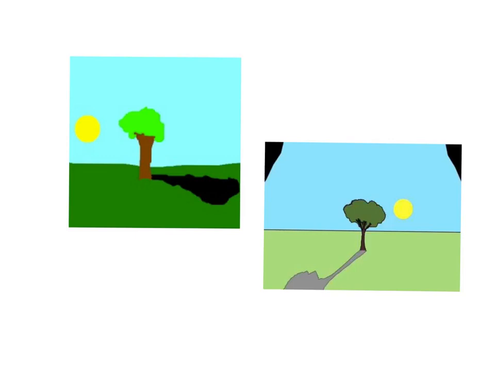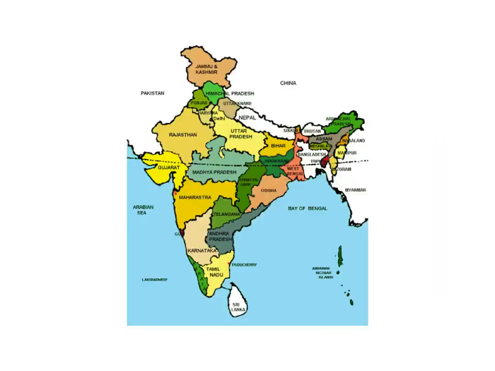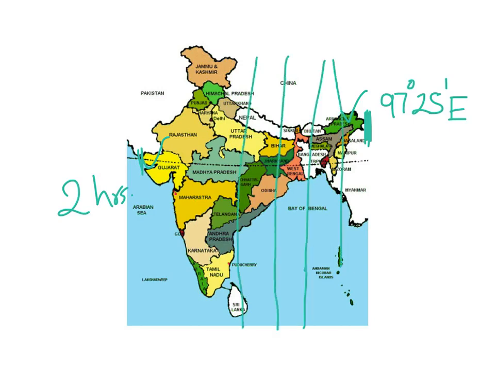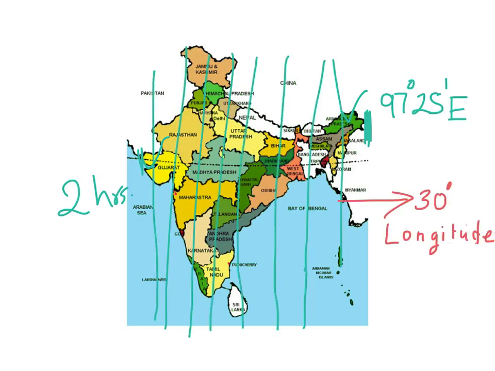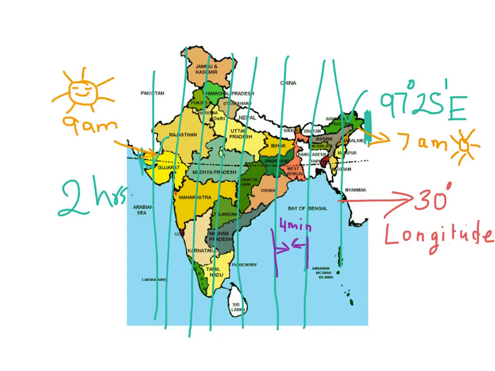But if you see our east, at 97 degrees 25 minutes east in Arunachal Pradesh, the sun will rise first, and in Gujarat it rises almost 2 hours later. Why? Because there is a difference of about 30 degrees of longitude, and a difference of about 4 minutes between two longitudes. That means if the sun rises at 7 am in Arunachal Pradesh, it will rise at 9 am in Gujarat.